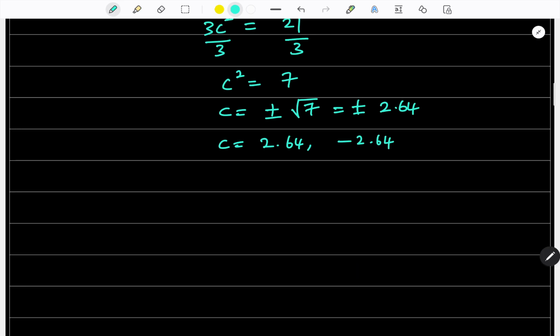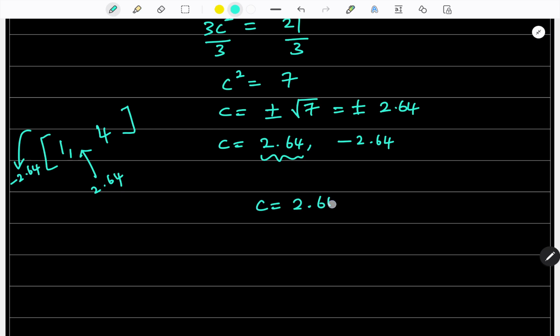Our job is to check whether this point is in between 1 comma 4. So this is your interval 1 comma 4, right? Where is your 2.64? It is inside here, right? Where is your minus 2.64? It is outside here. So your correct answer is c is equal to 2.64, right?